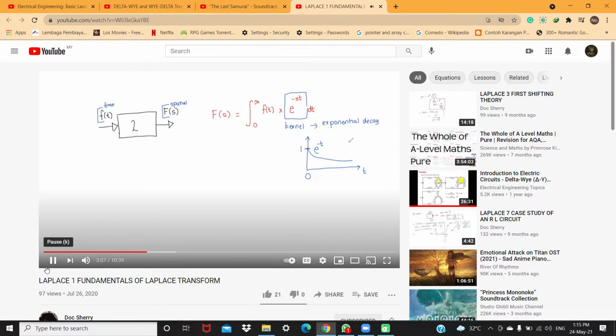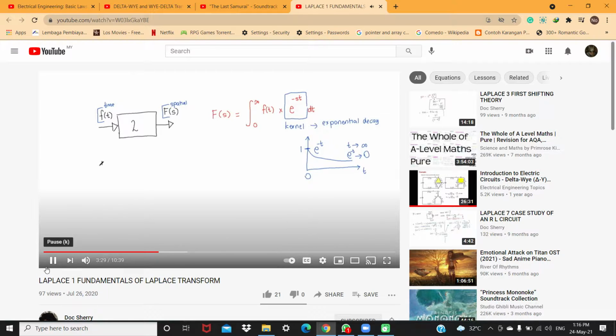And as t approaches infinity, the exponential decay function will go towards 0. I will demonstrate this later with an example. Let's go to example 1.